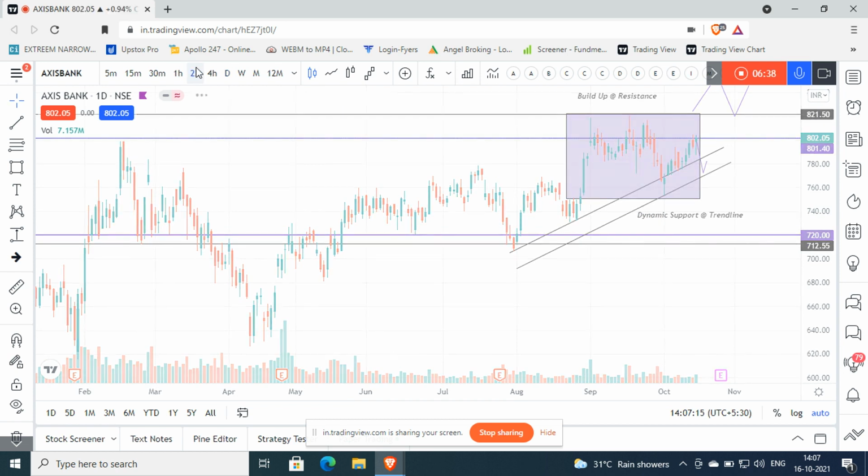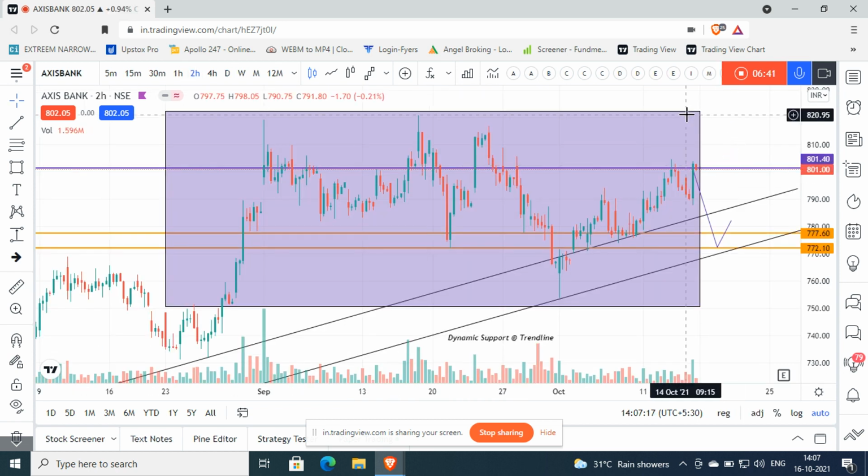We can enter the trade before this breakout in the range of 772 to 778, based on candlestick pattern or stochastic or any other method which favors you, where the risk to reward will be very high.